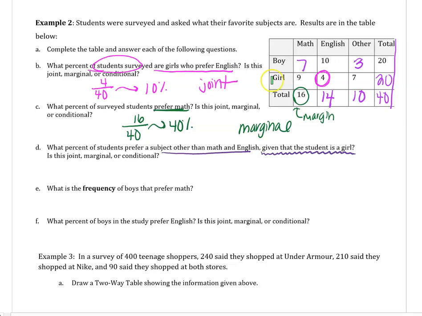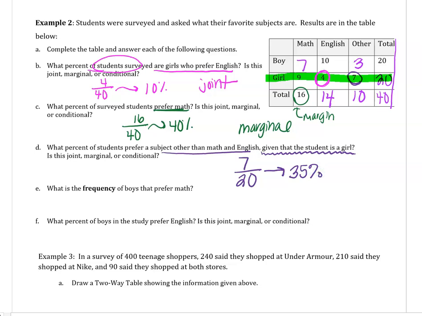So given the student is a girl, we have 20 of those. What percent of the students prefer a subject other? I'm seeing 7 of those. So 7 divided by 20, again, convert to a percent. You can check me on this, would be 35%.